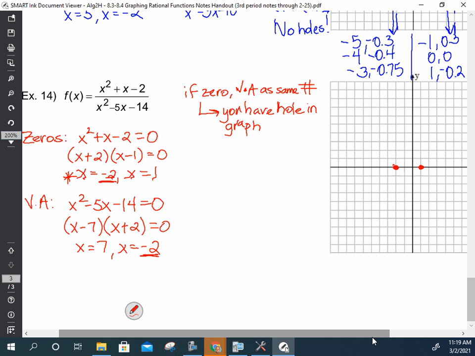So -2, 0 is a hole in the graph. So change that solid dot to an open circle. Now you have a hole in the graph. Any questions before we continue?